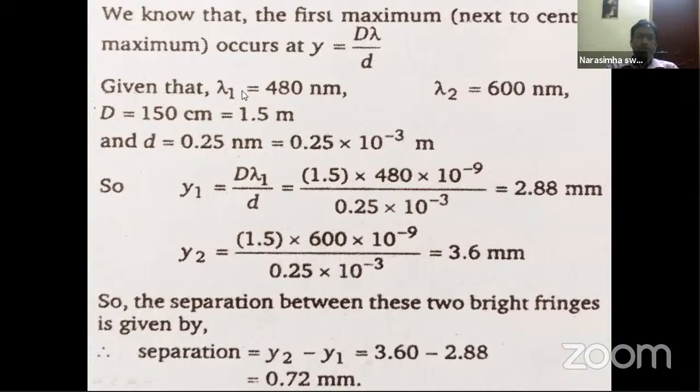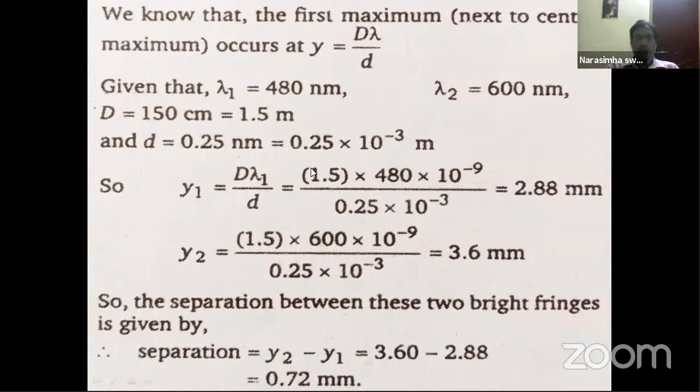The information given in the problem: lambda 1 is 480 nanometers and lambda 2 is 600 nanometers. Capital D is 150 centimeters, converted into meters, and the small d value is 0.25 into 10 power minus 3 meters. So we have the formula y is equal to D lambda by d.